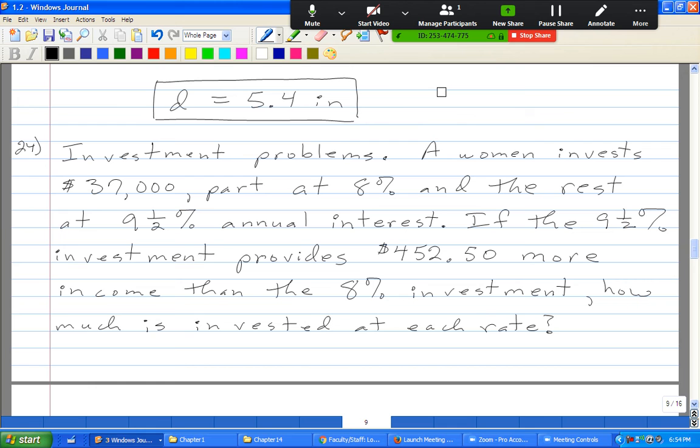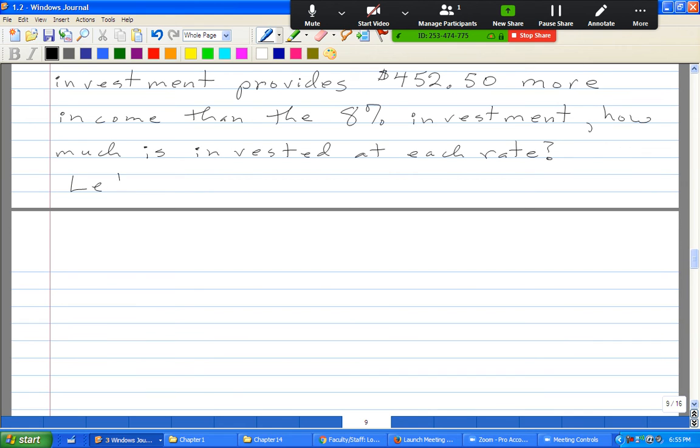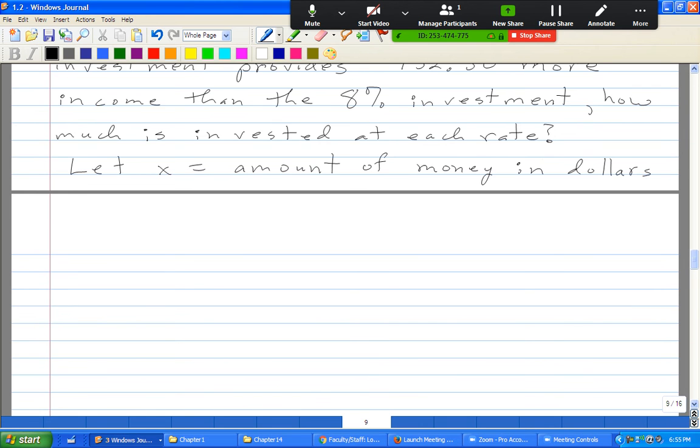If the 9.5% interest provides $452.50 more than the 8% investment, how much is invested at each rate? So I should write everything in terms of the 8% investment, and so let x equal the amount of money in dollars invested at 8%.